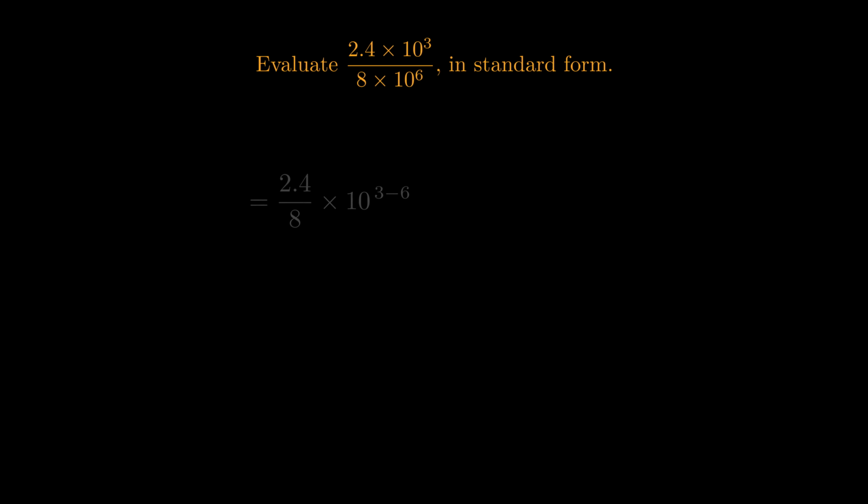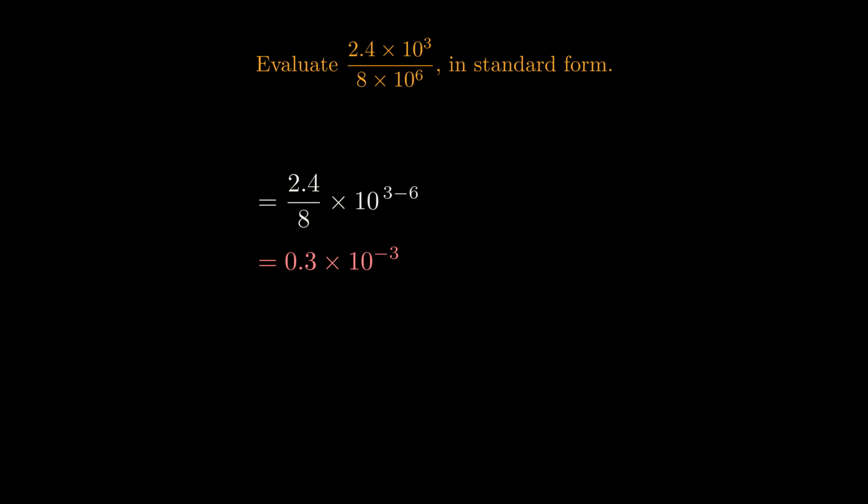Harder now. A division that forces the renormalizing step. 2.4 times 10 cubed over 8 times 10 to the 6. Divide the fronts: 2.4 over 8 is 0.3. Subtract the powers: 3 minus 6 is minus 3. So far, 0.3 times 10 to the minus 3.